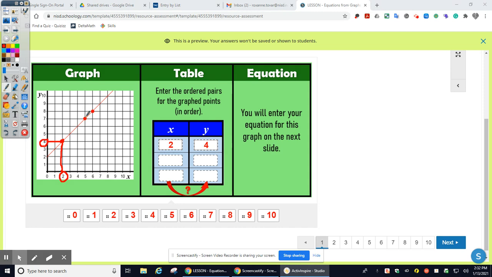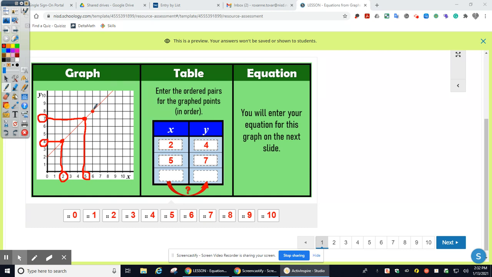Then I'm going to locate the next dot on the line, and I'm going to find that my x is 5 and my y is 7. So in the next one, I'm going to put 5 and 7.